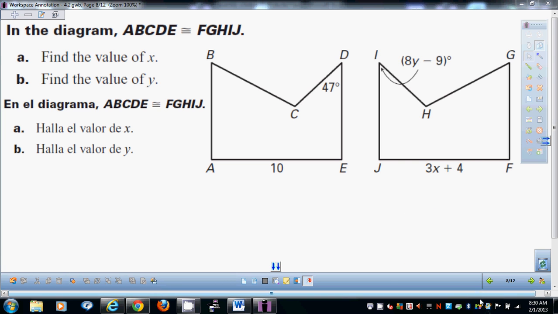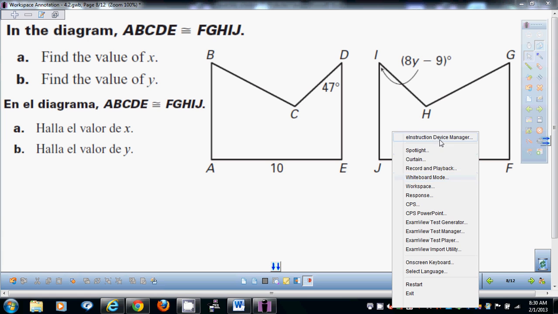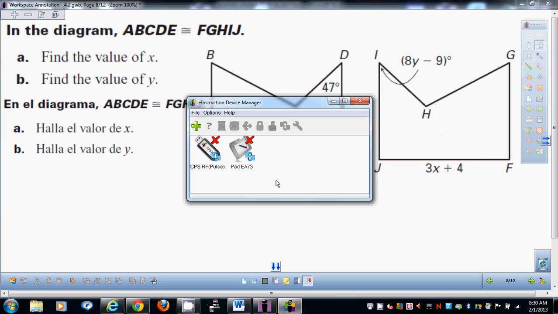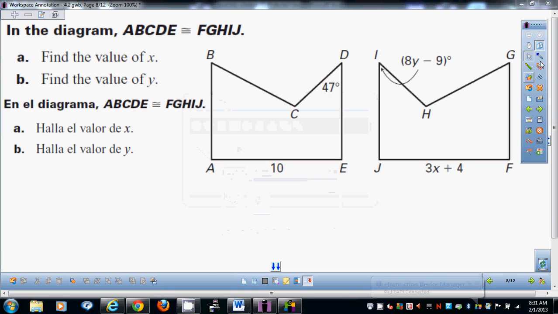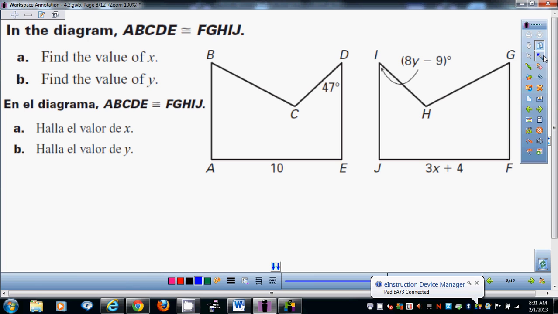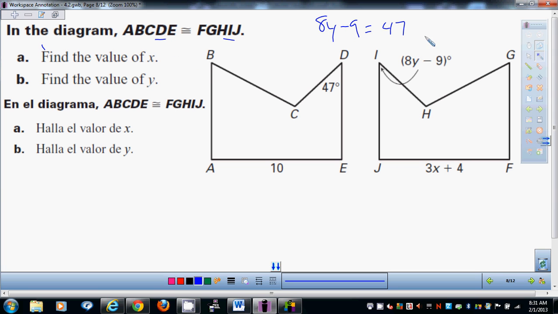No, A would be F. Okay, so here we go. 8y minus 9 equals 47 because I equals D. So add the 9, divide by 8, and y is 7.